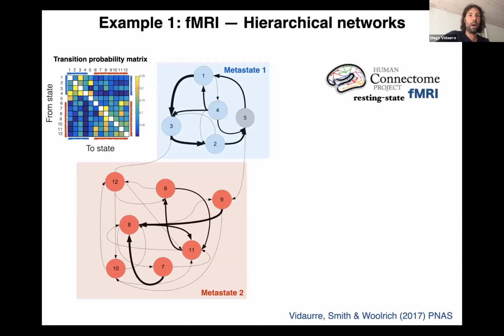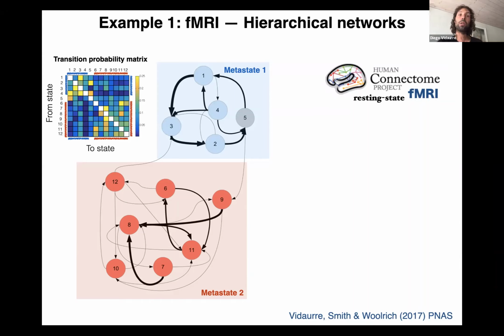So the first one is about, there's a lot of work on understanding the different brain networks when people are at rest, so we're not doing anything. There are a lot of correlations between regions in the brain, and that defines a few brain networks that are very well studied, like, for example, the default mode network or the attentional network or the visual, the auditory, and so on and so forth.